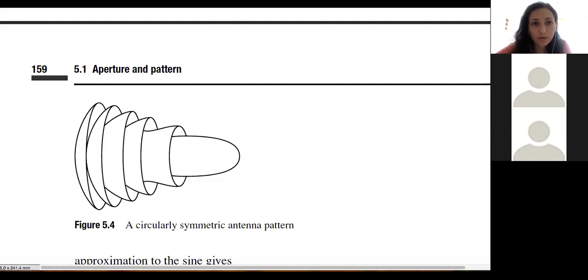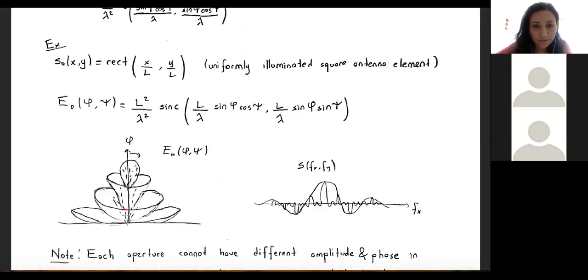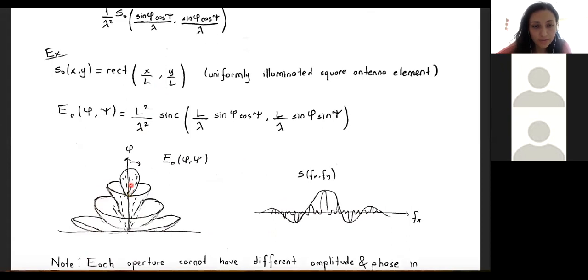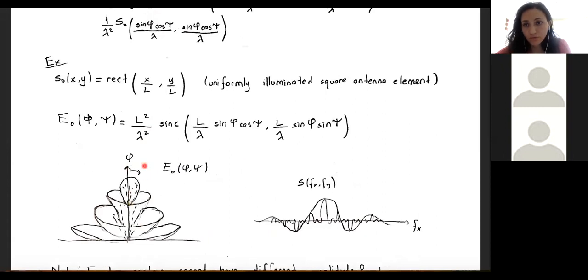If we go back to our plot, this is my propagation distance Z, and we see that this 2D pattern for a rectangular uniformly illuminated antenna will look like this. I wanted to say one thing here. You see that this is pointing in the propagation direction.